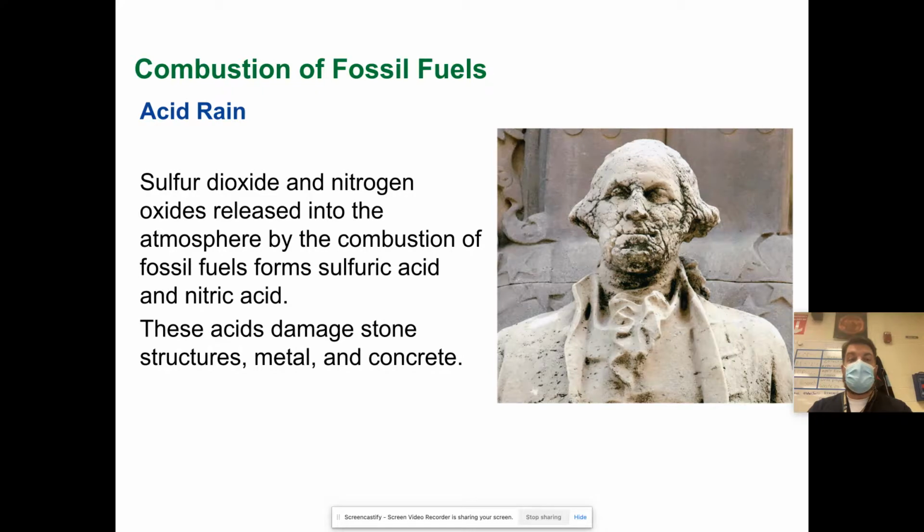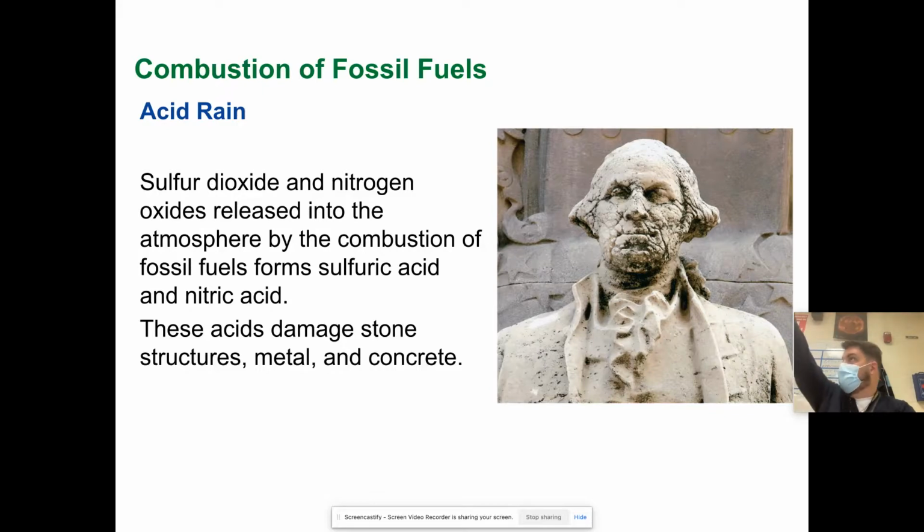Sulfur dioxide and nitrogen oxides released into the atmosphere by the combustion of fossil fuels form sulfuric acid and nitric acid when it rains. Remember, were you guys taught in elementary school about acid rain? Acid rain occurs when you burn fossil fuels. Fossil fuels will release these acids in very small molecules, and they float in the air.